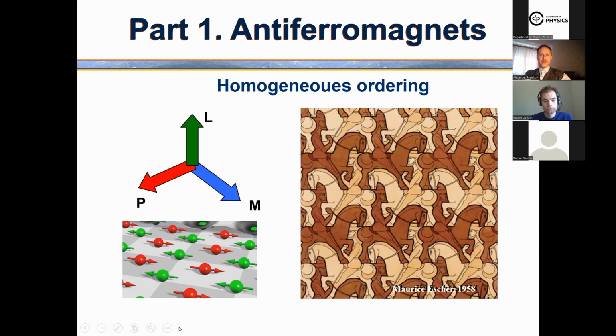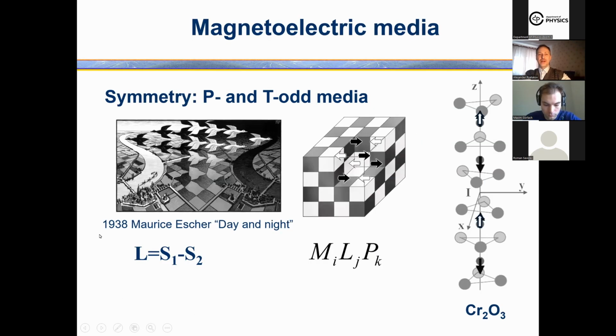And in what way did Maurice Escher anticipate the idea? For example, in 1938, in his lithograph Day and Night, he anticipated the concept of antisymmetry that was later proposed by Alexei Vasilyevich Shubnikov for analysis of magnetic media.